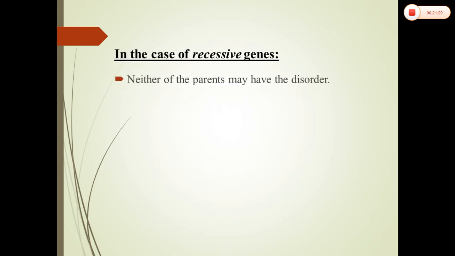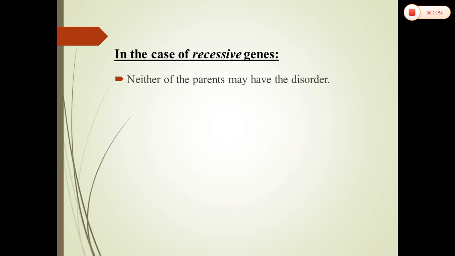Now let's see in what way recessive traits can be identified. In case of a recessive gene, neither of the parents may have the disorder. We know that recessive genes are expressed in a family only if the person receives both recessive alleles. So neither of the parents may have the disorder, which means the parents in this case are heterozygous.